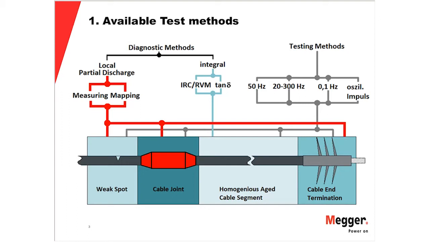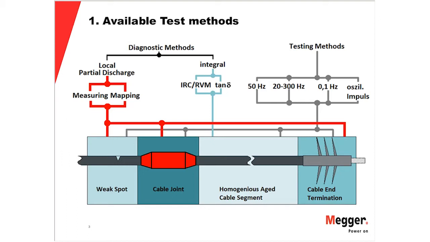Then going further, on the very right-hand side, you see the test methods. First of all, 50 Hertz, which is very unlikely to be used because a cable represents a highly capacitive load, and therefore a straightforward 50 Hertz transformer is simply not applicable in regard to size and in regard to finance. Therefore, most of the manufacturers, in fact all of the cable manufacturers, use a so-called resonance test set to test their cable after manufacturing.